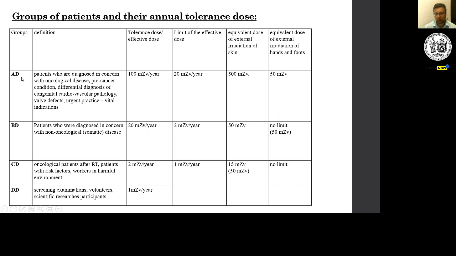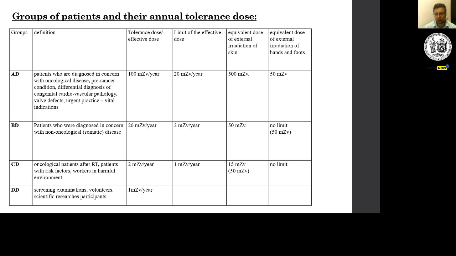For example, the AD group is patients who are diagnosed with oncological disease or precancer condition, differential diagnosis of congenital cardiovascular pathology, urgent practice, vital indications. In this group of patients, the maximal annual tolerance dose is 100 millisieverts per year.